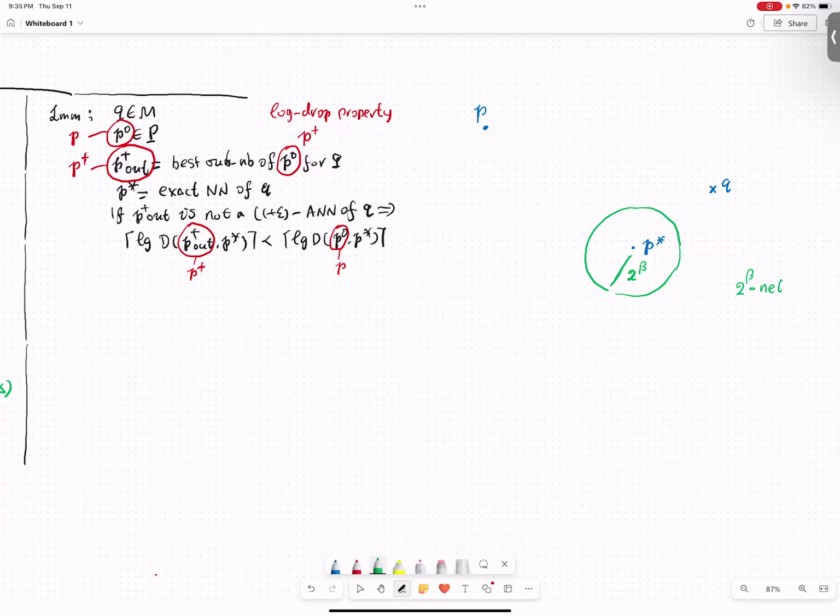If you think about the covering property of this 2 beta net, within this green circle, which represents a vicinity area of P star, there must be a center.